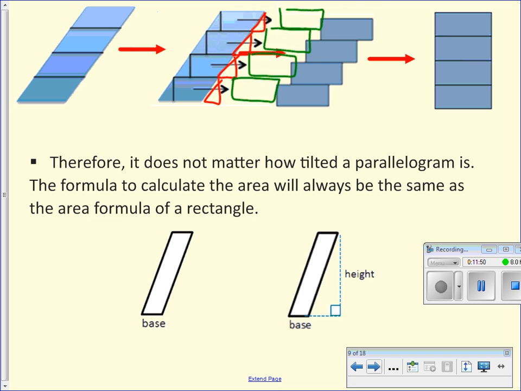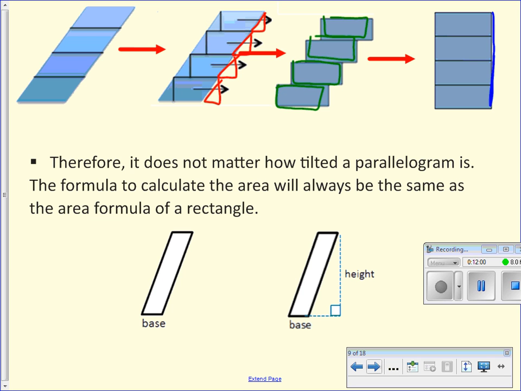So now over here I have all my rectangles. If I just push all my rectangles together, I make one big rectangle, and here is my height. So if I bring this height over here, that is my height.